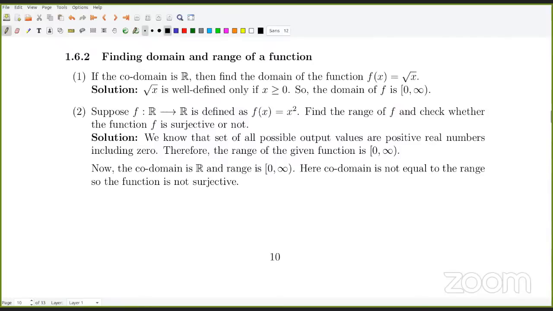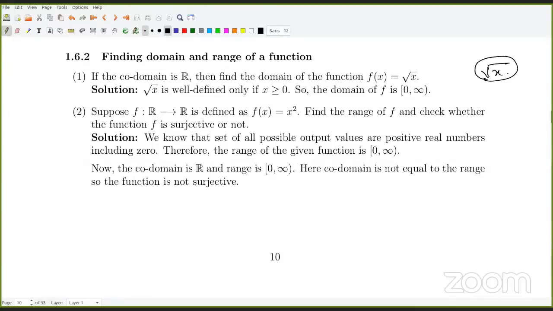Now see, if I have given you a function like f of x equals root x, how do you find the domain and range? In order to find the domain, we need to check for well-defined things. For square root of x, what all x can I input?